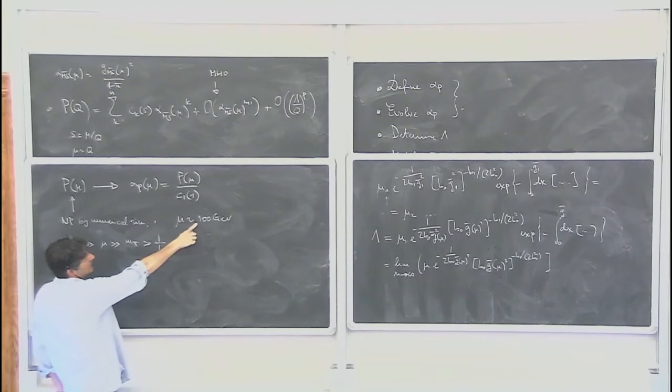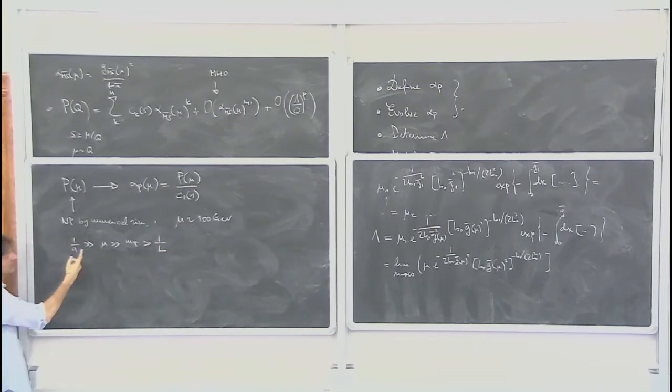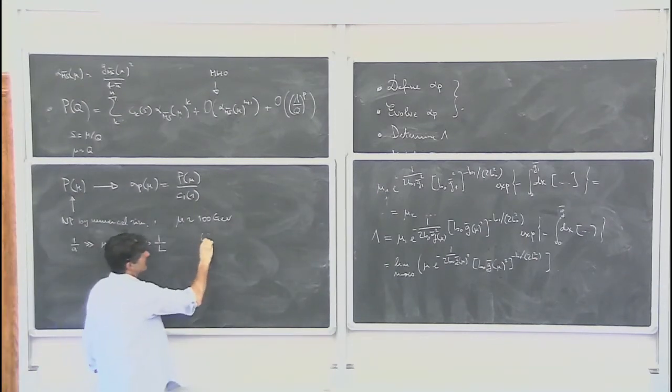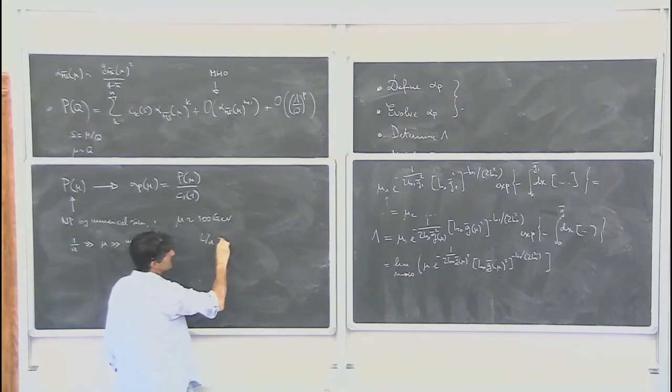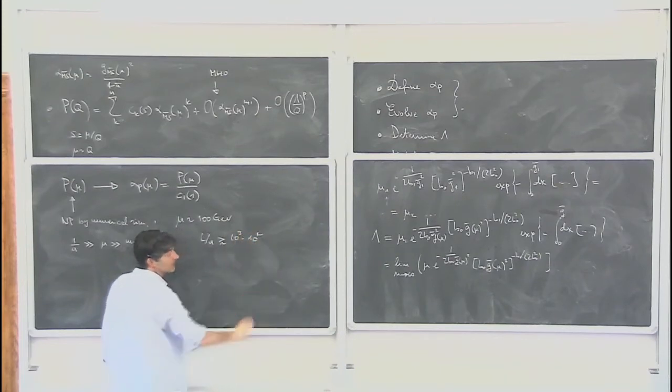If you want this to be really of the order of 100 GeV, and if you want this to be even, say, just one order of magnitude bigger than that, this is 100 MeV. So you see, you end up very quickly with L over A of the order of, say, 10 to the third, 10 to the power 4.